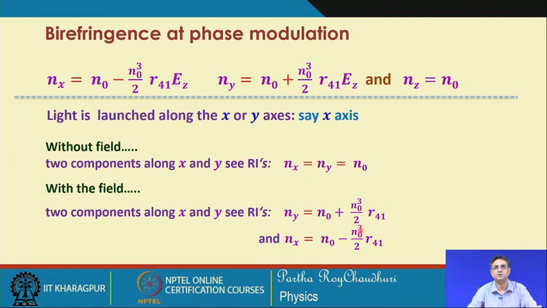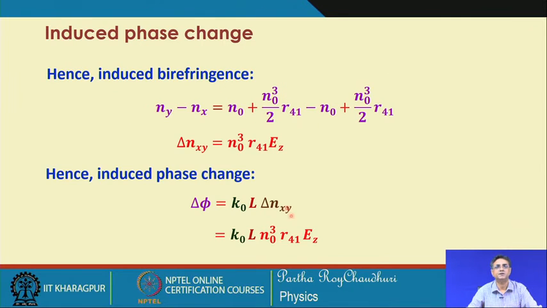They will travel with two different phase velocities, because they will see two different refractive indices, and they will in turn develop a delay between them, and this delay will develop a phase difference between them. So, the birefringence here is n 0 cube r 41 E z, which is double that in the case of phase modulation, where there was a divide by 2 factor here.